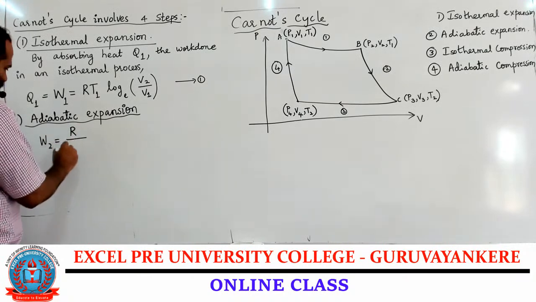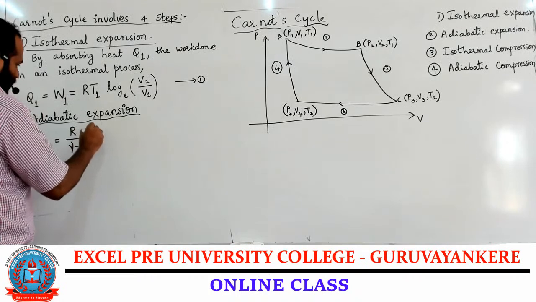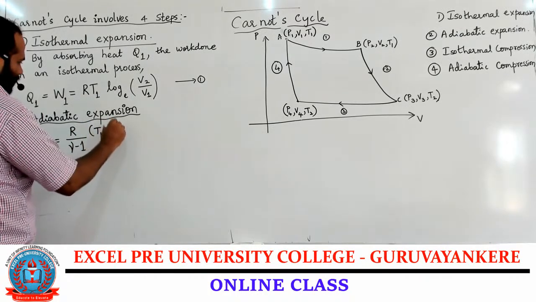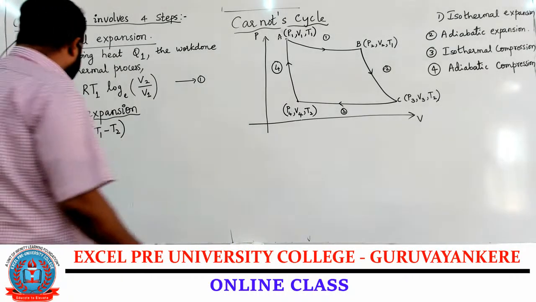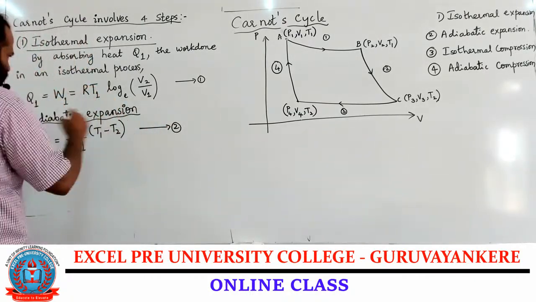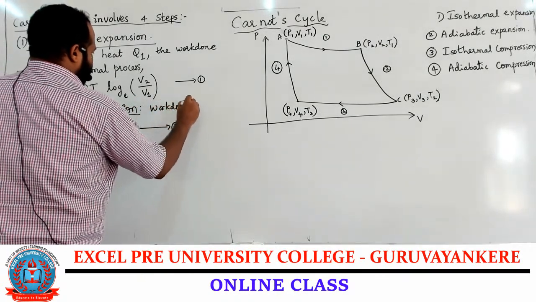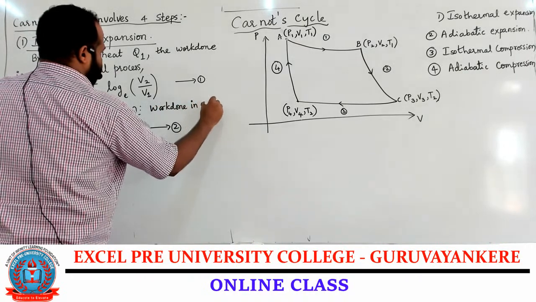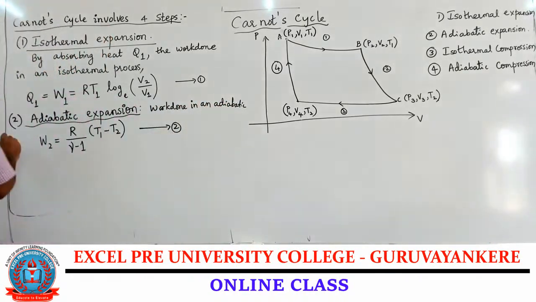R by gamma minus 1 into T1 minus T2. This we have derived. This is the work done in an adiabatic process, adiabatic expansion or process.